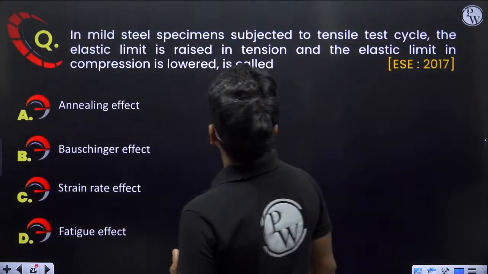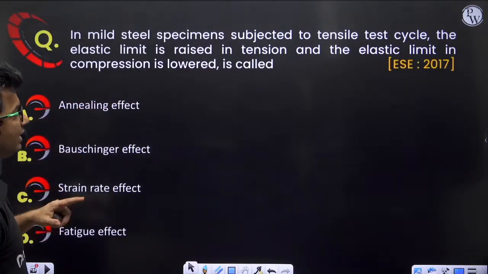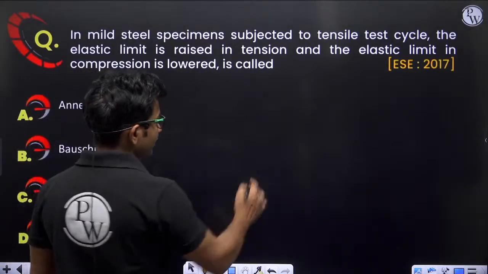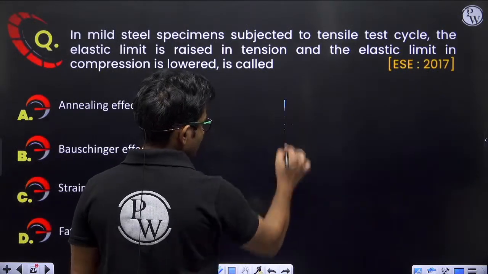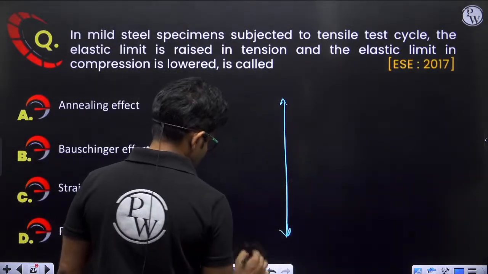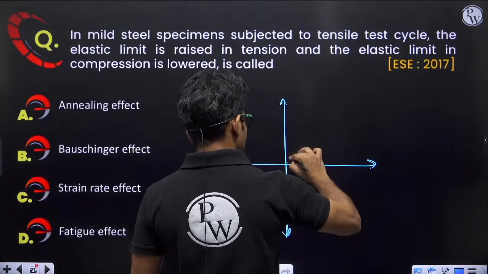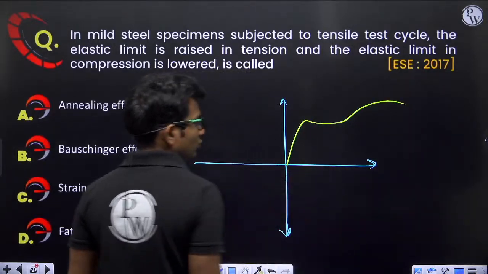In a mild steel specimen subjected to a tensile test cycle, the elastic limit is raised in tension and the elastic limit in compression is lowered. So this is called the Bauschinger effect. Mild steel, this is the tension test.